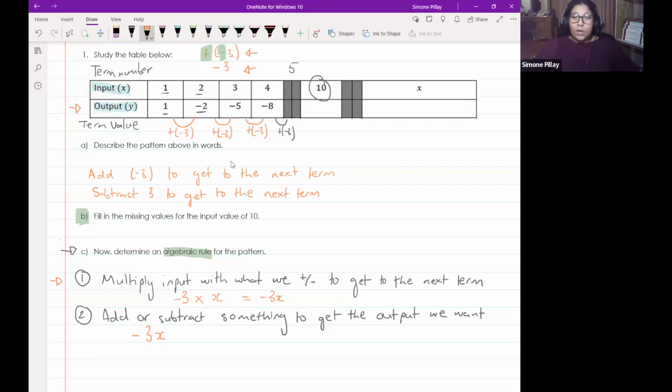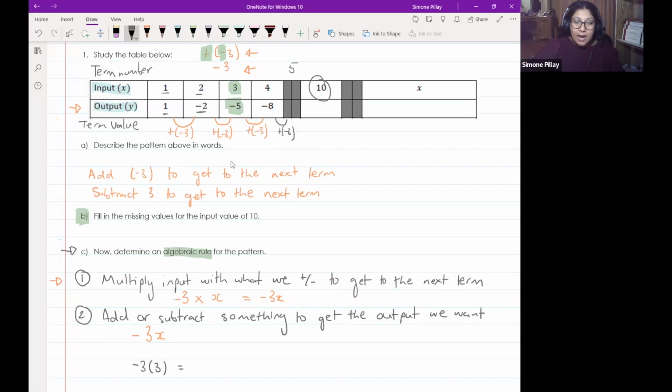So moving on, once we've got that, we can pick any set of inputs and outputs. So I'm saying when my input is 3, my output needs to be -5. So let's see what we have here so far. I have -3, and if my input is 3, I'm supposed to get -5.